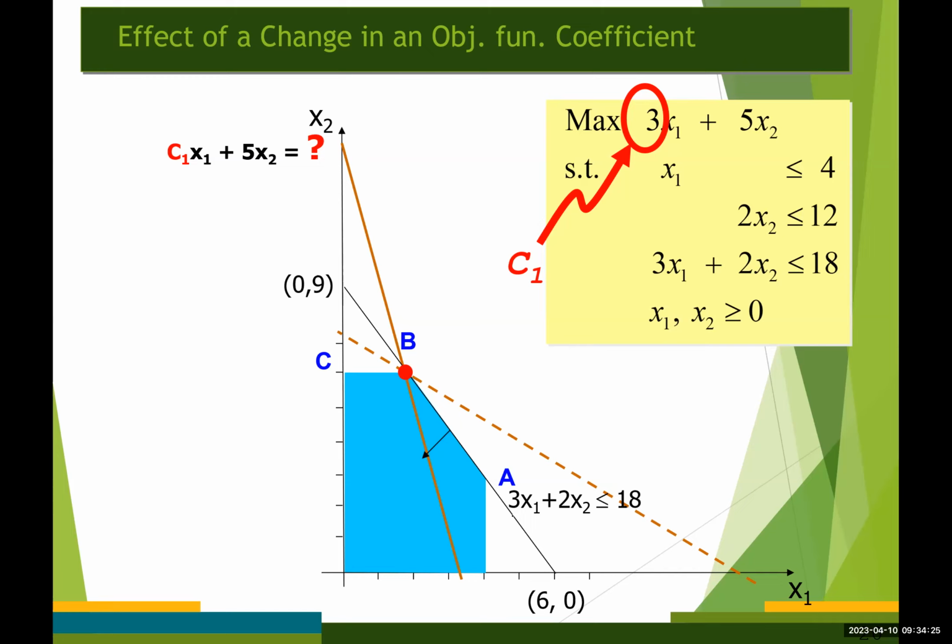So now the isovalue line becomes steeper than the plant number 3 constraint. Is that right? Then again, let me ask you, does the optimal solution remain the same as before, or does it have to change?